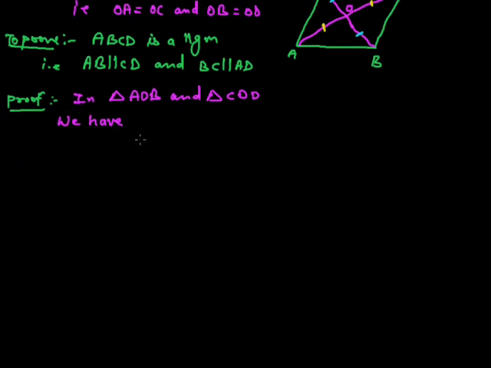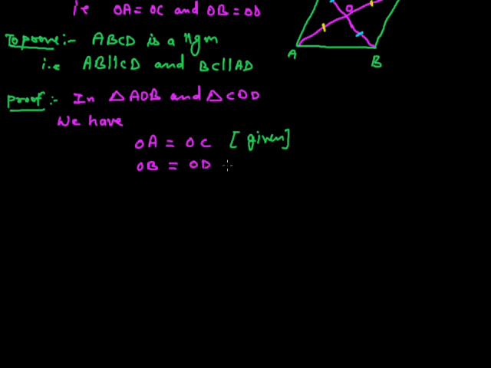We have OA, one side of triangle AOB, equals OC, one side of the other triangle. And the reason is that it is given in the question. Another one: OB, one side of triangle AOB, equals OD, one side of triangle COD.